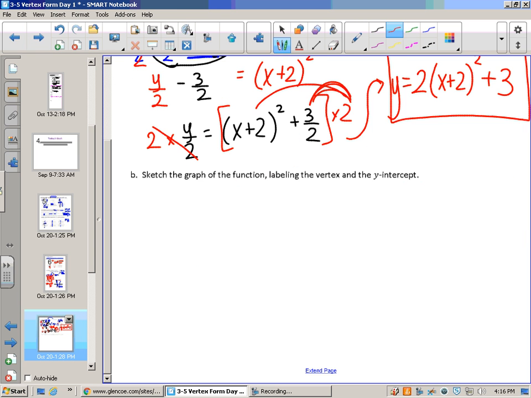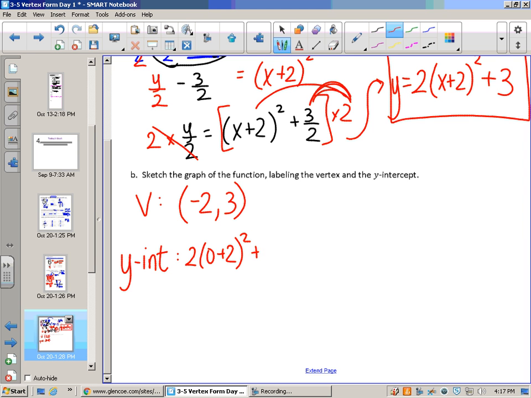If I were to sketch this, my vertex would be at negative 2, comma 3. Okay, and to get the y-intercept, I would plug in 0. So I would get 2 times 0 plus 2 squared plus 3. I'm just using the equation over here. And I would get 11. So my y-intercept would be 0, comma 11.